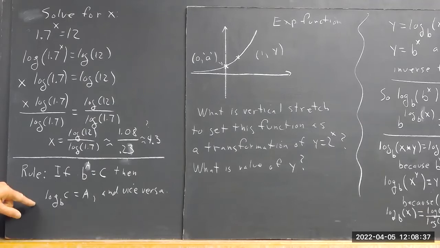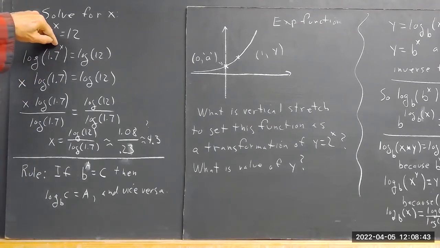Now, we could have used this to solve this equation. Our x is in the exponent, right? And we can't get it out of the exponent except by taking the log, okay?